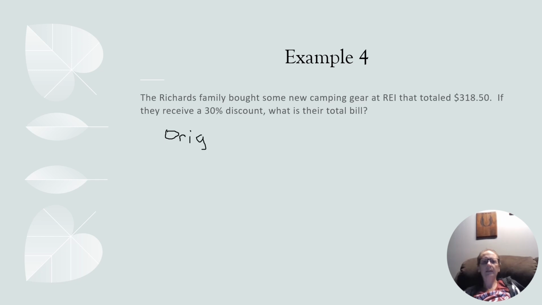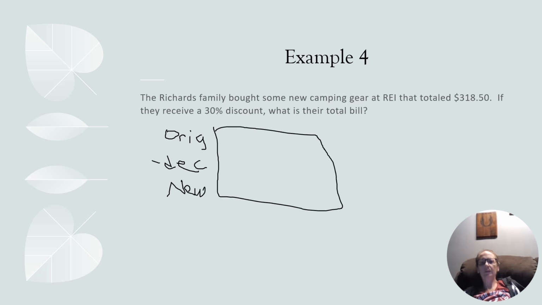We're going to have either the increase or decrease in percent. This time it's a decrease. So it'll be original minus decrease is going to be the new amount. Don't need that big of a box, but it's all good. We're going to have numbers in one column and percents in the other.